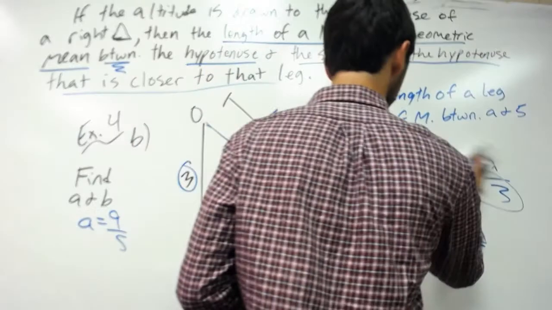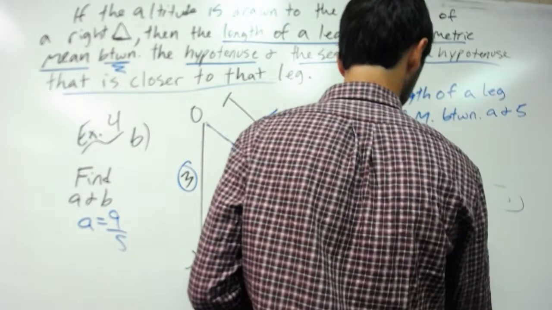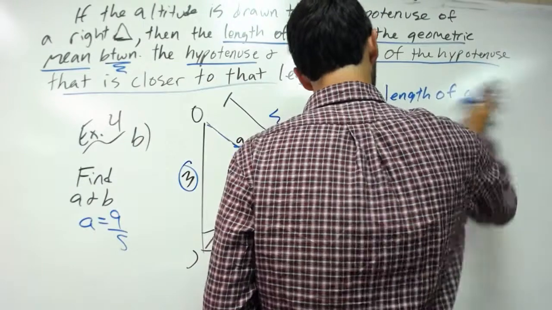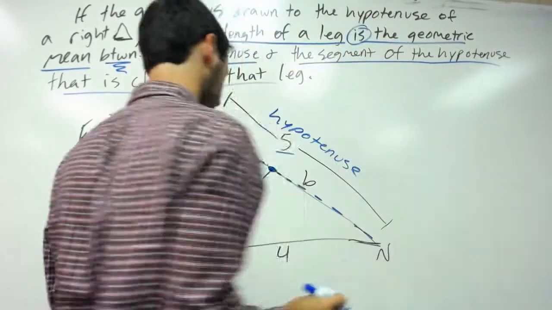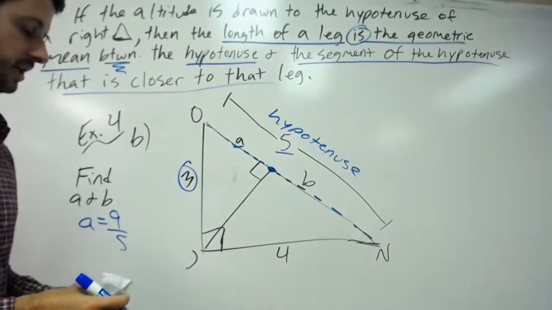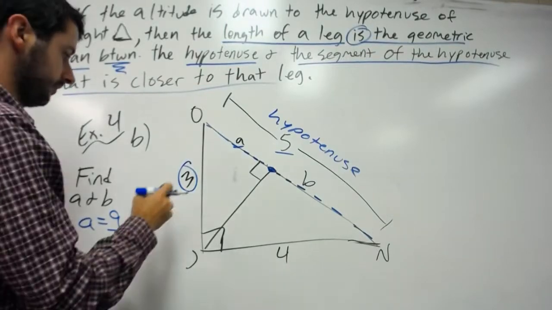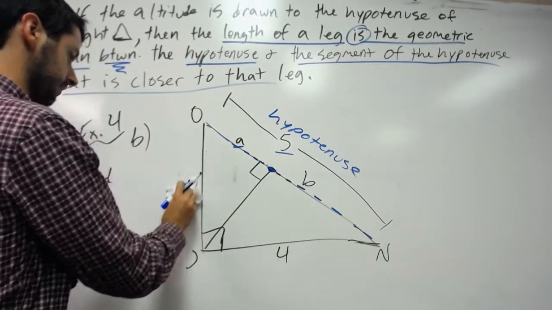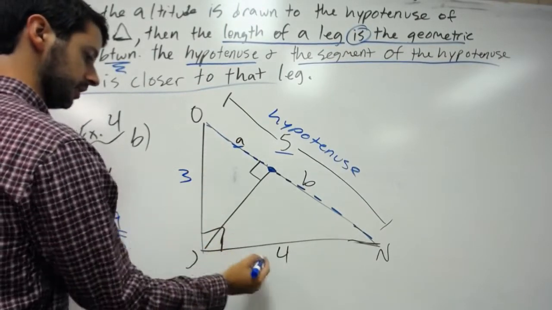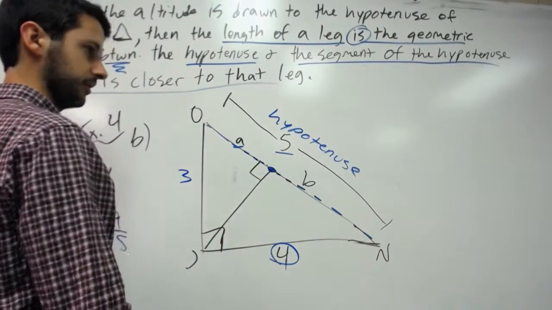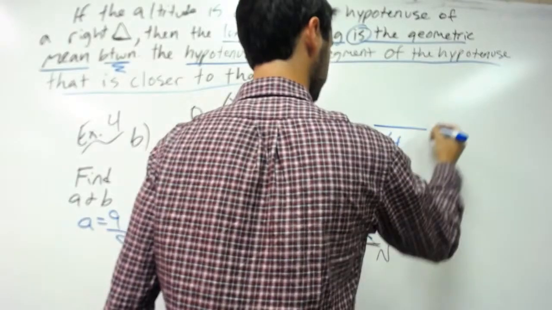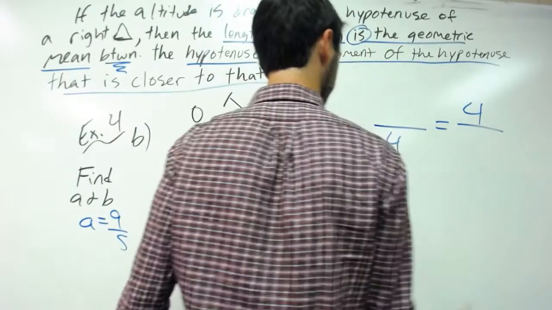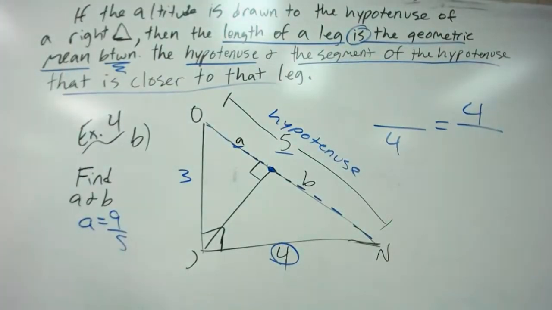I tried to color code that, draw that out as best I could. Now let's solve for B. We already did the 3, so now we're going to use 4. 4 is the length of the leg, so therefore 4 is a geometric mean. So we set them diagonal to each other. What's it the geometric mean between?